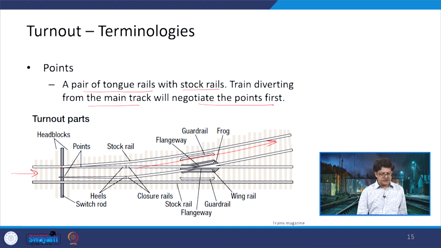So, here these are the points which are provided, these are the tongue rails and the stock rails. So, this is a stock rail, this is a tongue rail, and this is the heel of the switch where we are going to have the blocks, and with respect to that these are going to move.